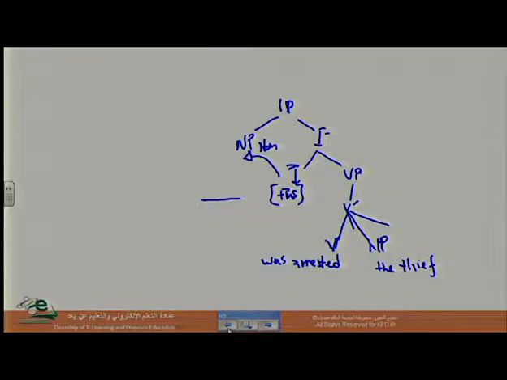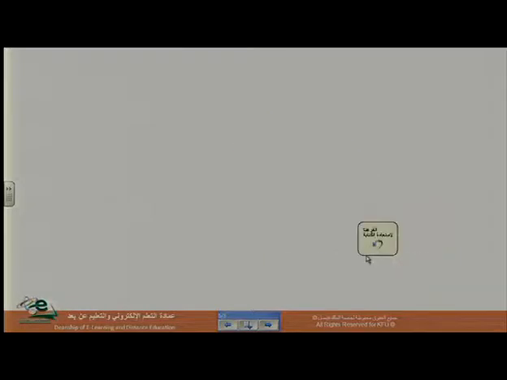Now, if I repeat more or less what I said before, the verb has two characteristics. One, because it is passive, remember, it means it loses its case. It becomes a minus case. So this NP here, the thief, cannot receive case from the verb, as we said before.